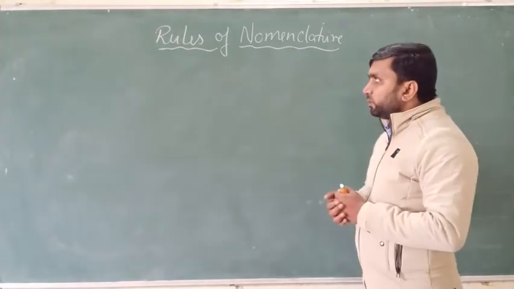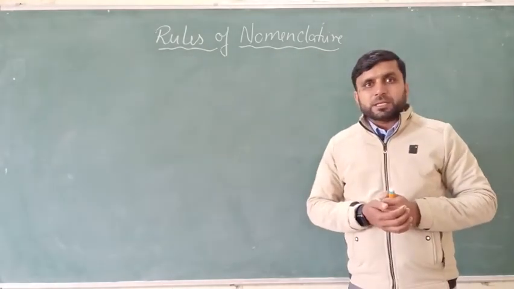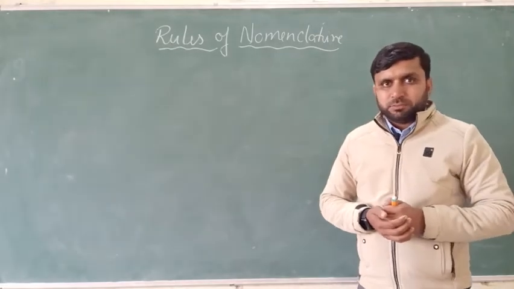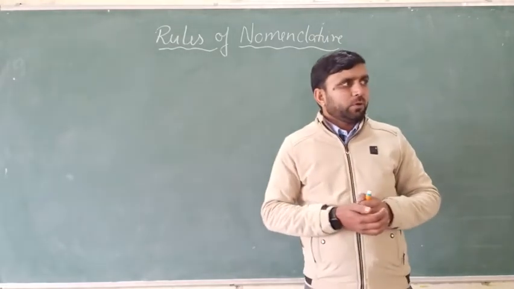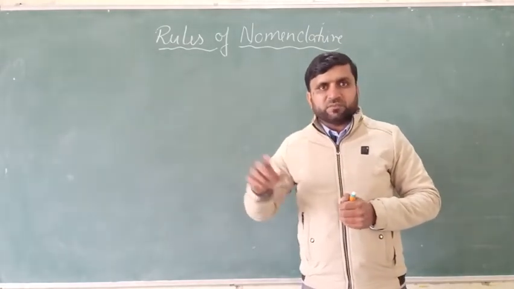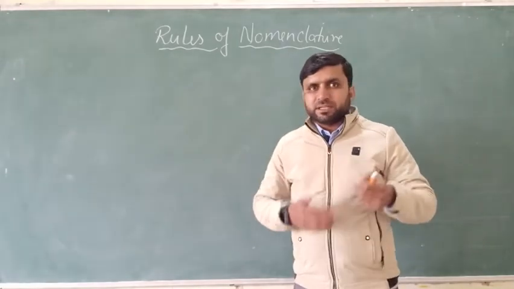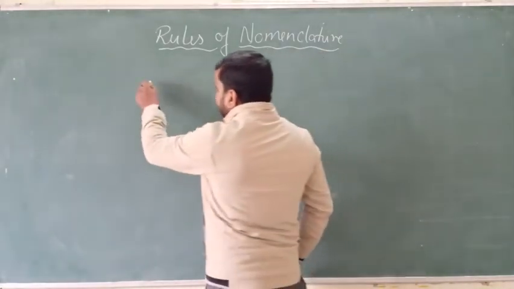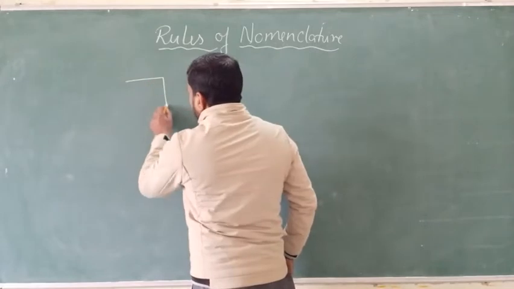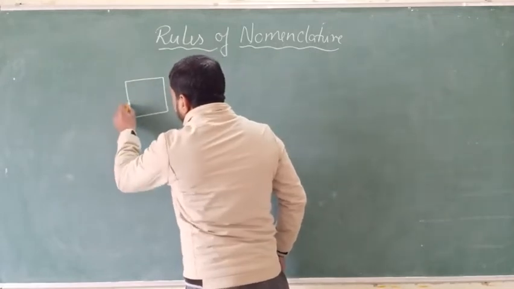So today we are going to discuss the nomenclature of cyclic compounds. That means the organic compound is not given in the open chain form, but in the cyclic form. Say, for example, this is a cyclic form of a compound.